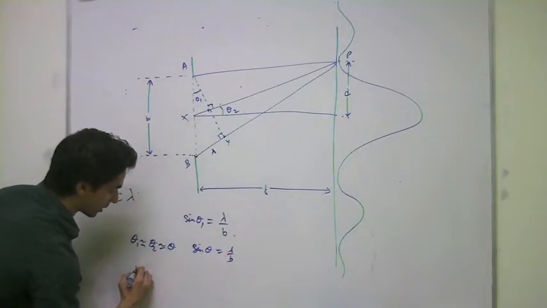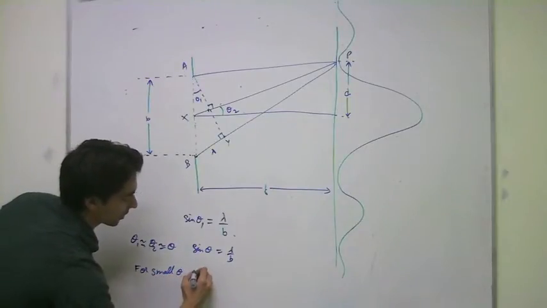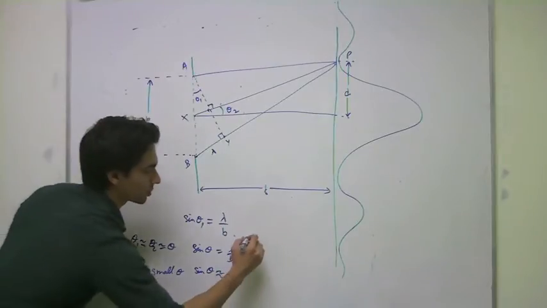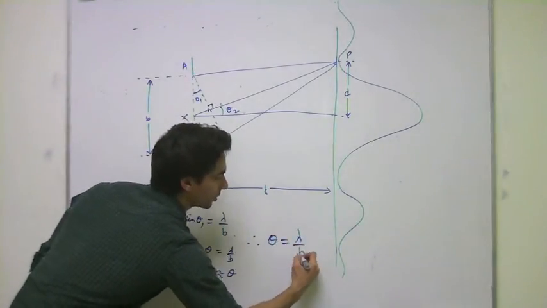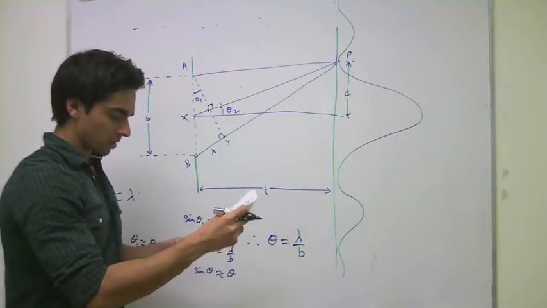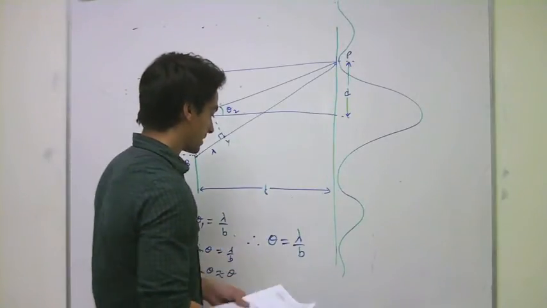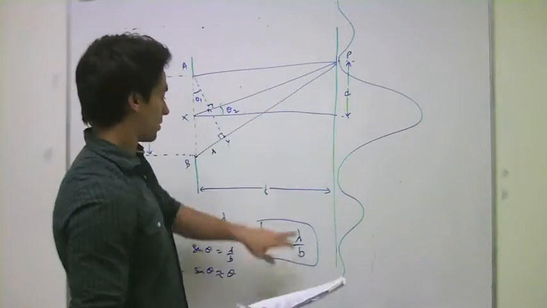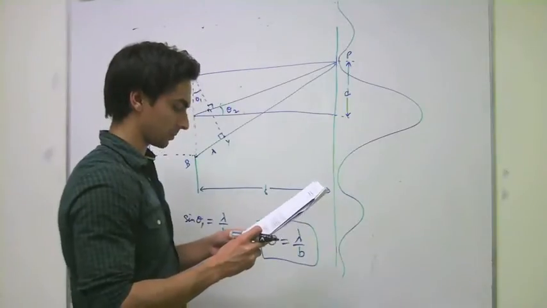Now for small theta, we have sine theta approximately equal to theta. So therefore theta equals lambda over b. Now this here is the basic defining formula for the angular separation for the first minimum in a diffraction pattern.